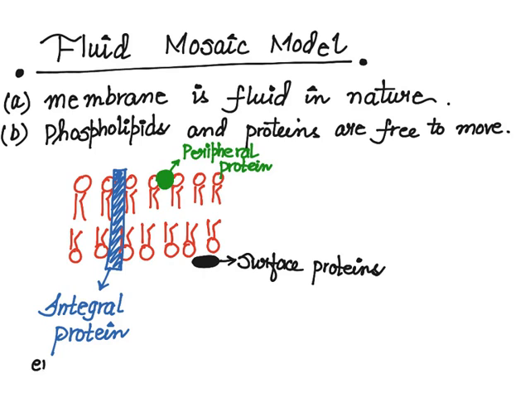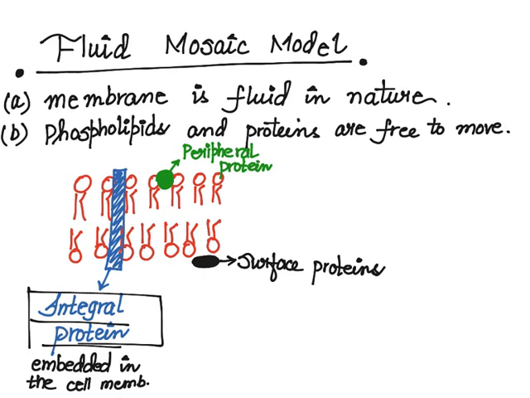So integral proteins are embedded in the cell membrane. Surface protein, as you can say by the name, on the surface of the plasma membrane. And peripheral basically means on the side. So on one side you can see that the protein is available.